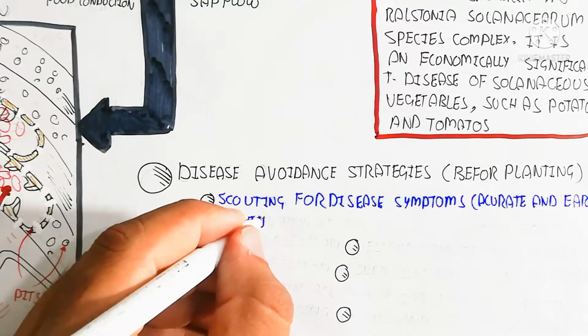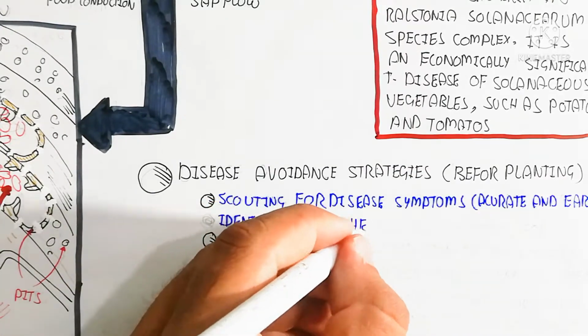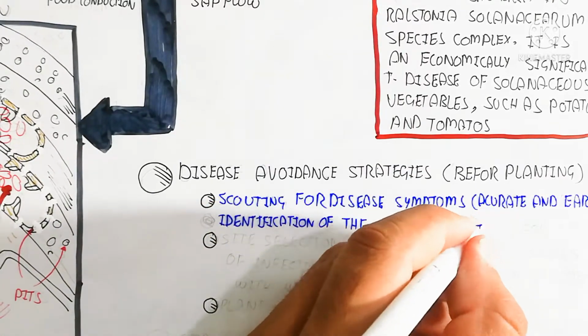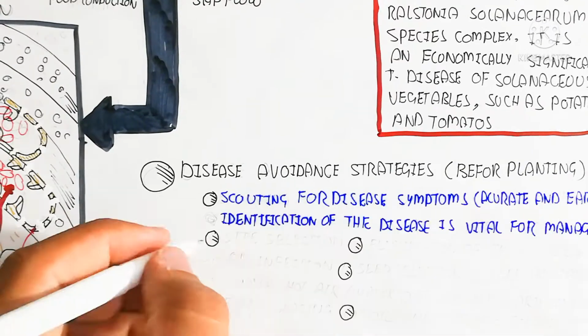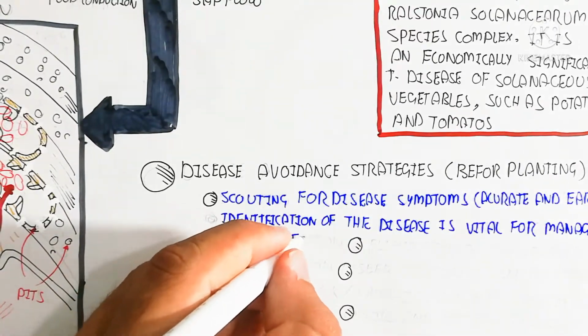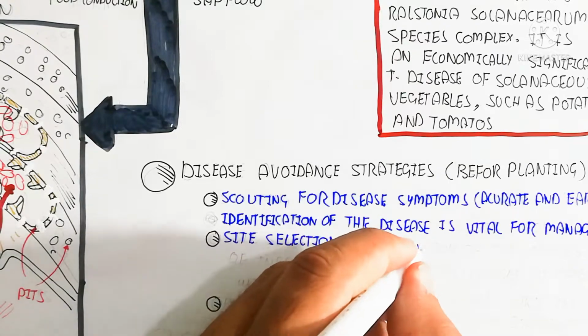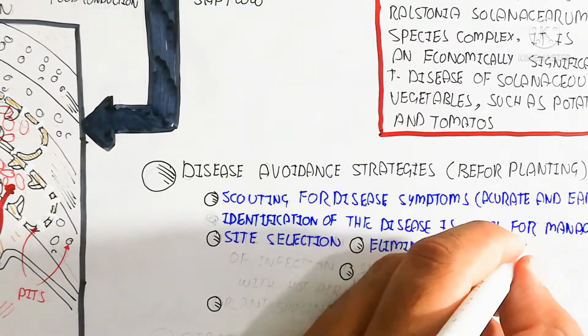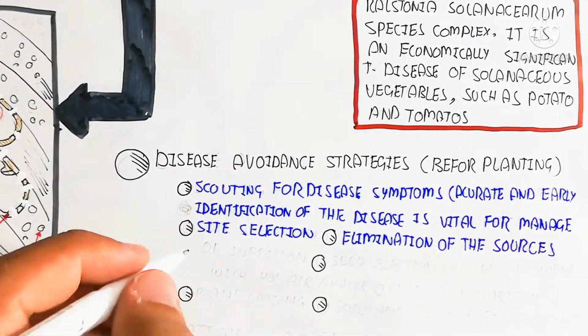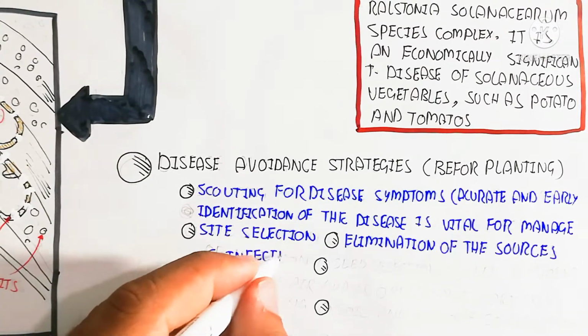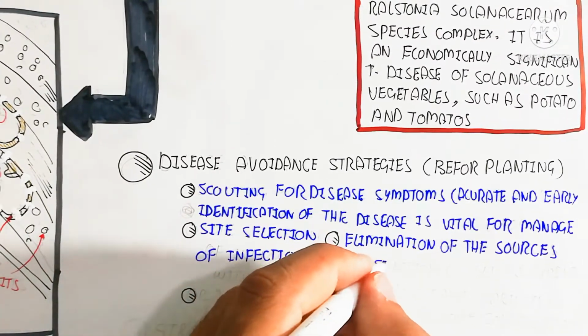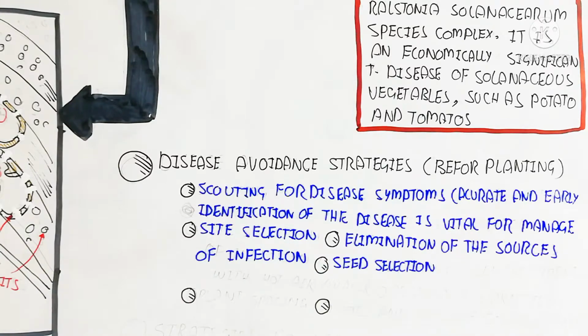And on the other hand, site selection we can think about, and elimination of the sources of infection we can do through bioremediation or other things, which we are not discussing in detail.